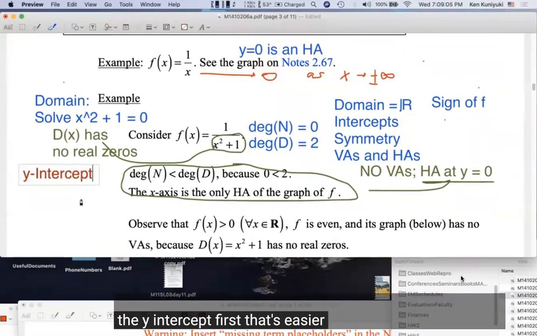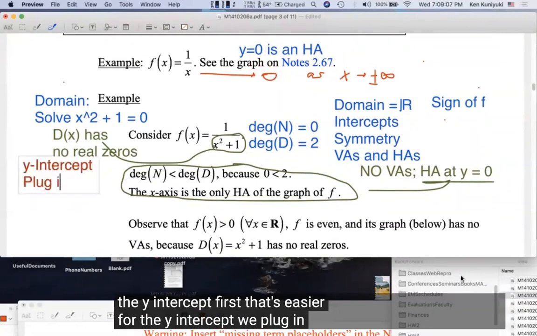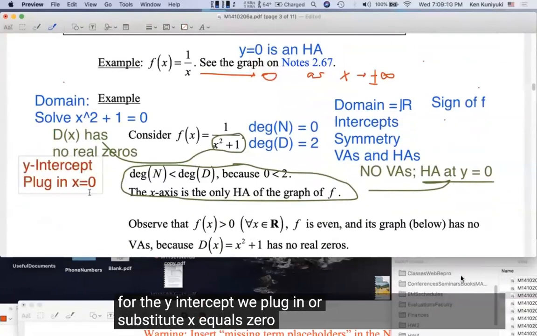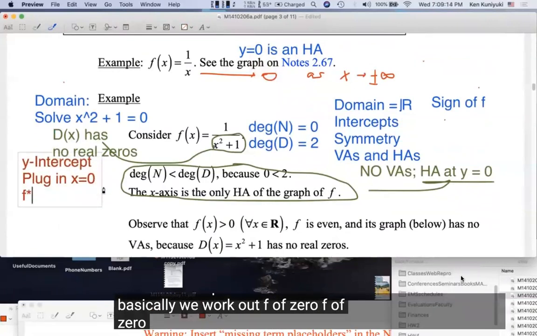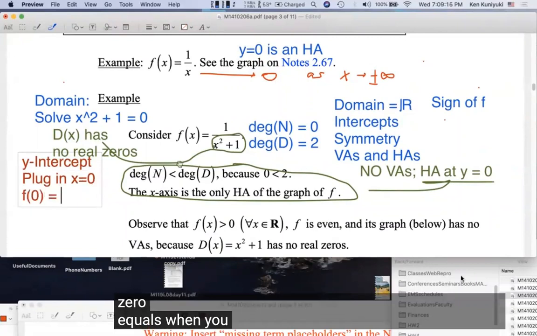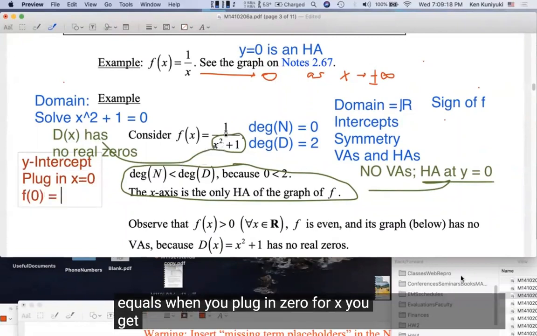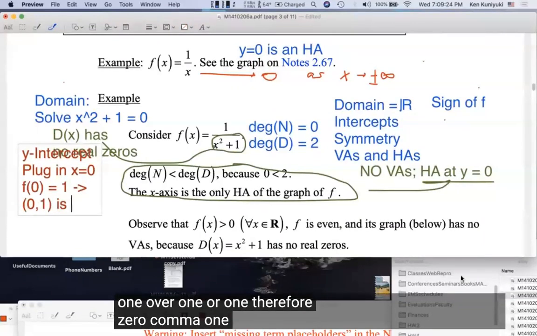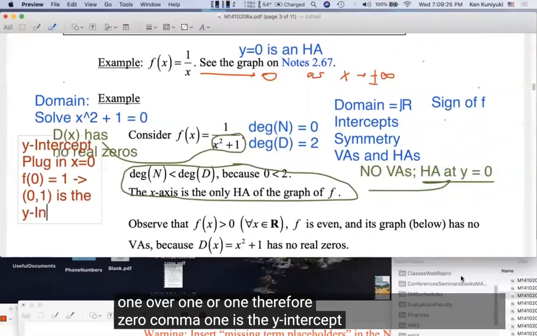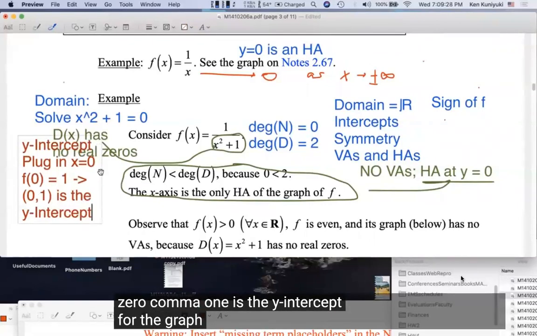That's easier. For the y-intercept, we plug in or substitute x equals 0. Basically, we work out f of 0. f of 0 equals, when you plug in 0 for x, you get 1 over 1 or 1. Therefore, 0, comma 1 is the y-intercept for the graph.